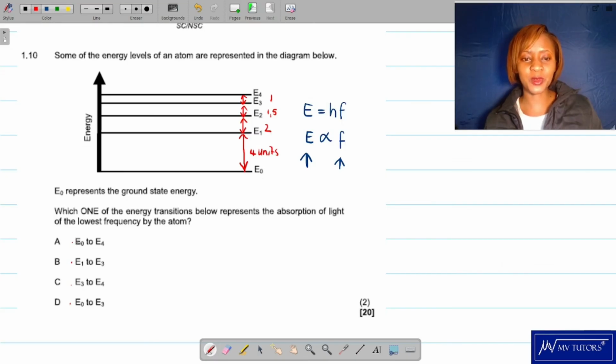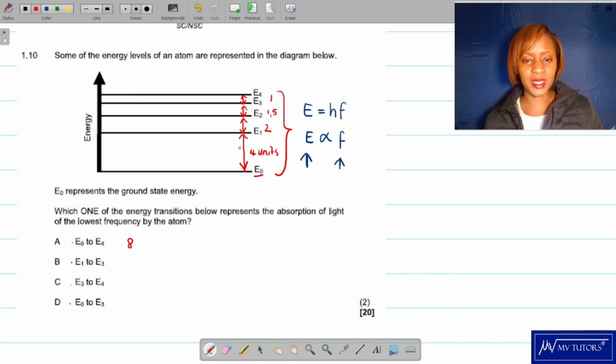So if I go from E0 all the way to E4, I want to know what the actual units are. I'm going to add 4 plus 2, which is 6, plus 1.5, which is 7.5, plus 1, which is 8. So I have an energy of 8 units.